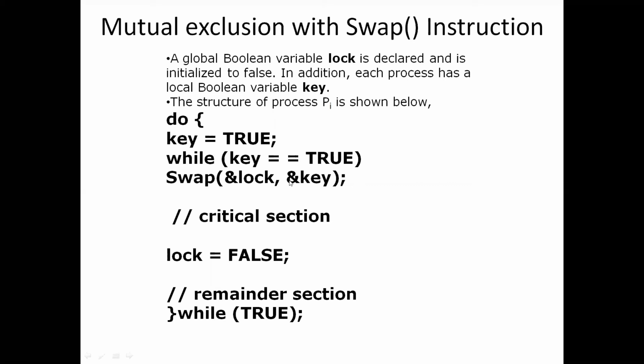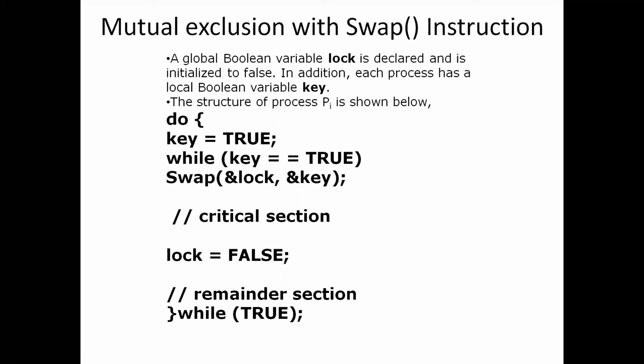If this condition is false, control comes out of this while loop and the process enters into the critical section. After completion of execution in the critical section, the process will set lock equal to false. While executing the swap instruction, the lock variable is set to true.